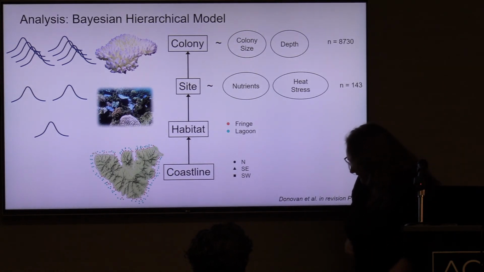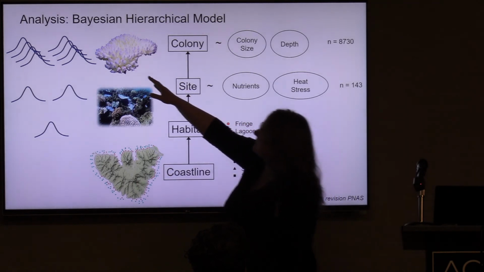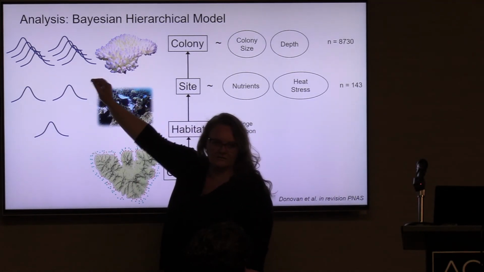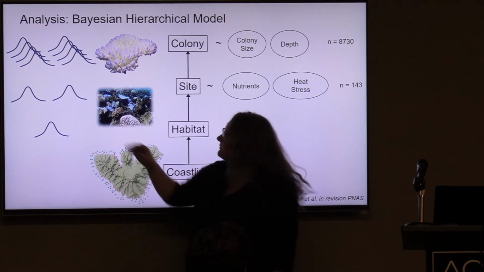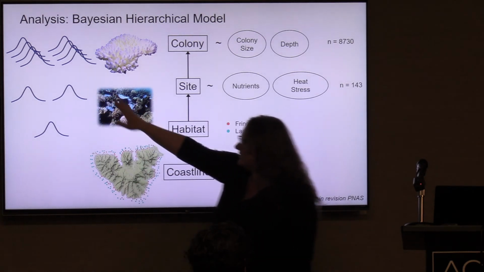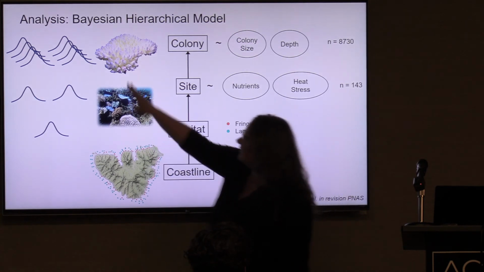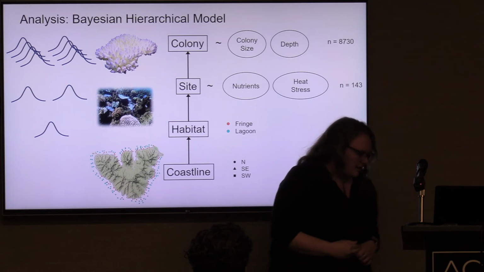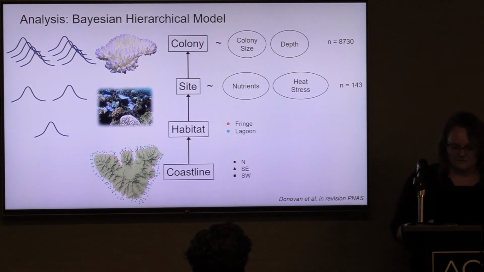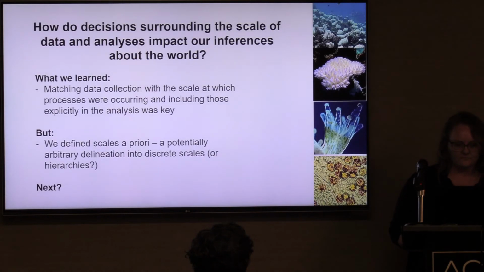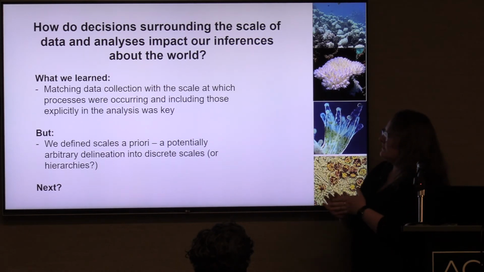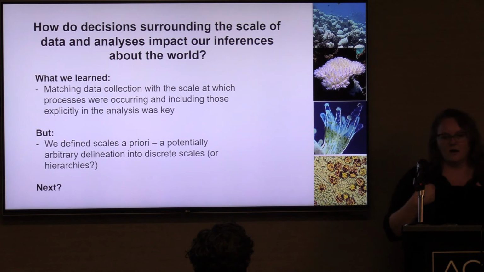But also, we were able to incorporate this data at the individual level, taking into account variation. So not just means, we're not just aggregating. We're thinking about both the mean and the variance, and how that then relates to this hierarchy of scales. And that's what allowed us to reveal this important pattern. So that's just reiterated here again: we matched the scale of the data collection with our understanding of the scale of the processes.